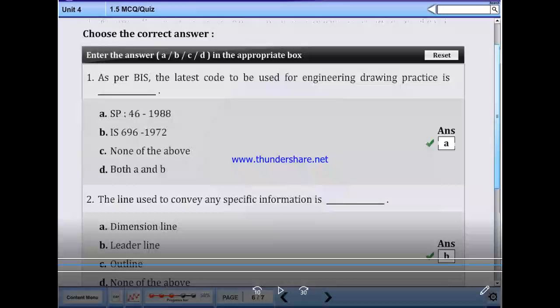Now second question: the line used to convey any specific information is: A. dimension line, B. leader line, C. outline, D. none of the above. Answer is leader line.